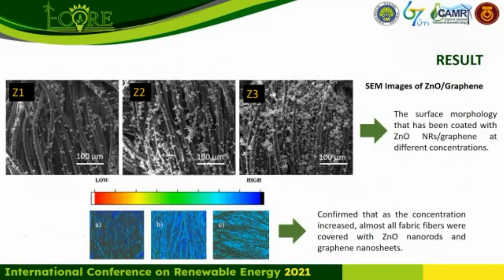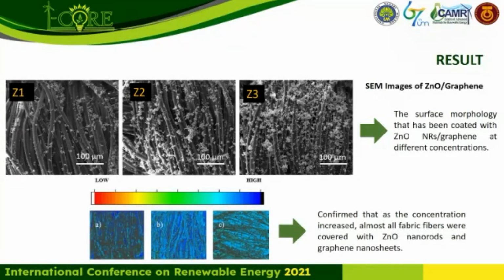The next is the SEM image of ZnO graphene. This figure shows the surface morphology that has been coated with ZnO graphene at different concentrations: 0.1 molar for Z1, 0.2 molar for Z2, and 0.3 molar for Z3.